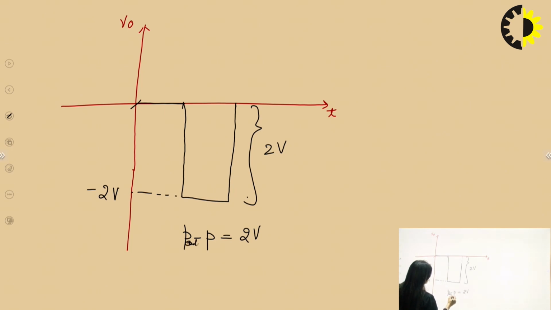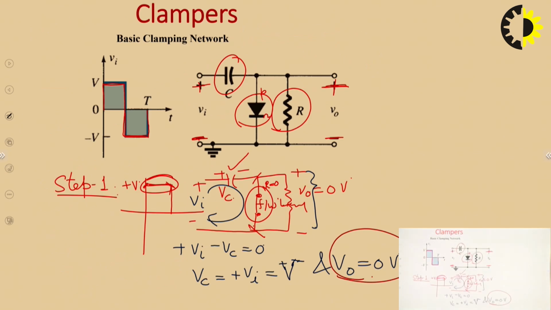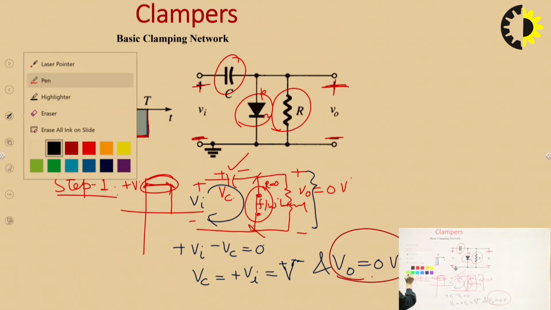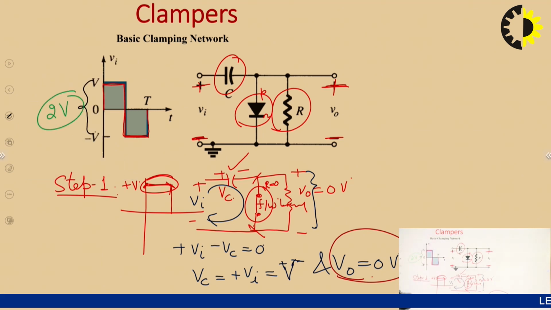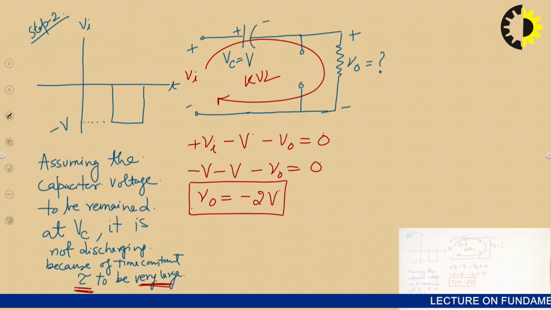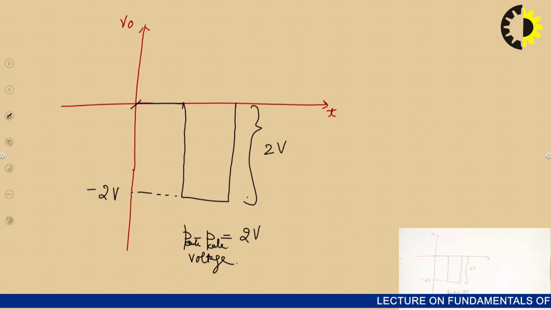Peak to peak voltage. In the input waveform, as we can see, the peak to peak voltage is 2V. Okay. So this is how we will solve the clamping numericals or clampers.